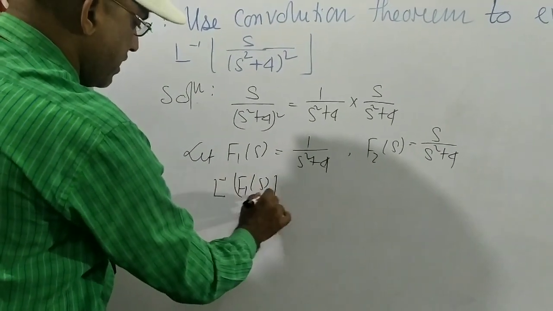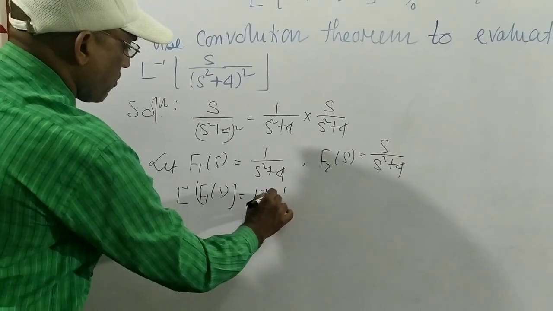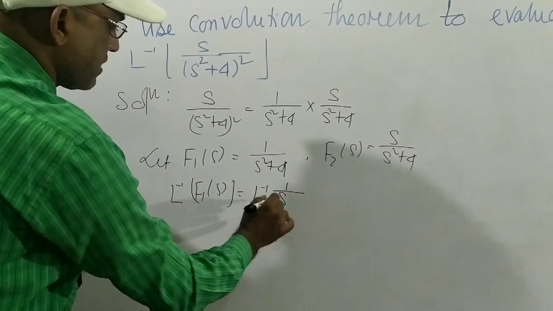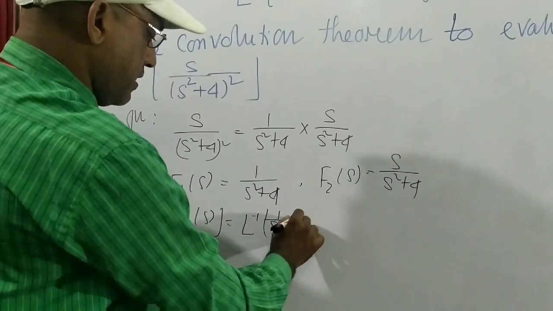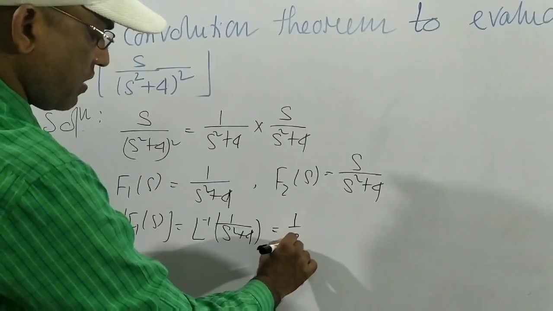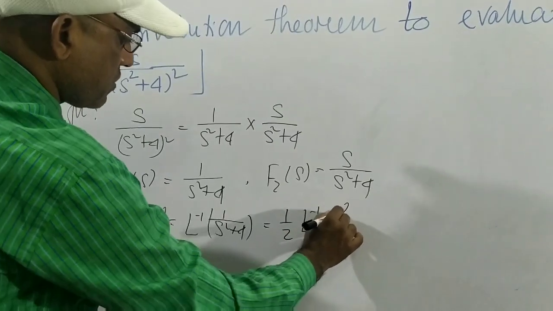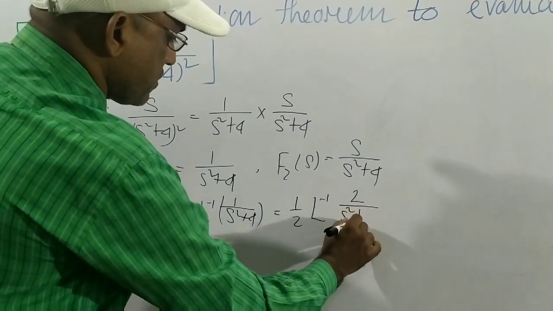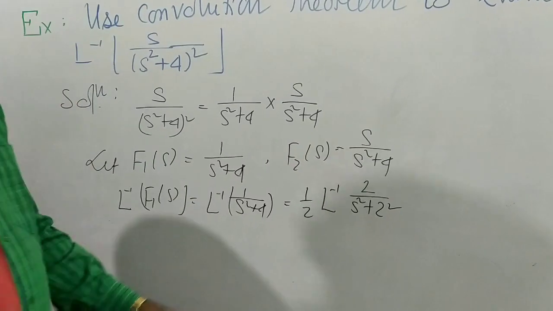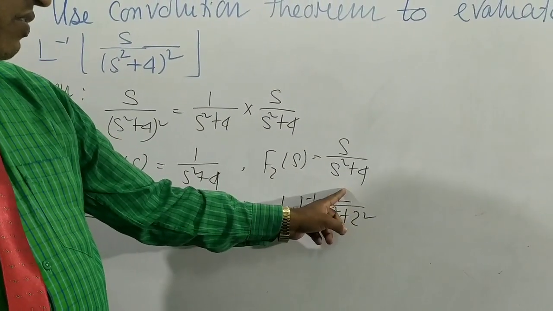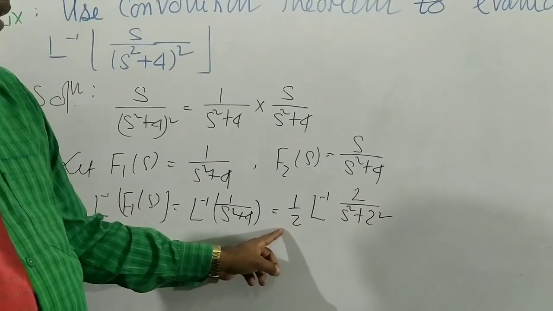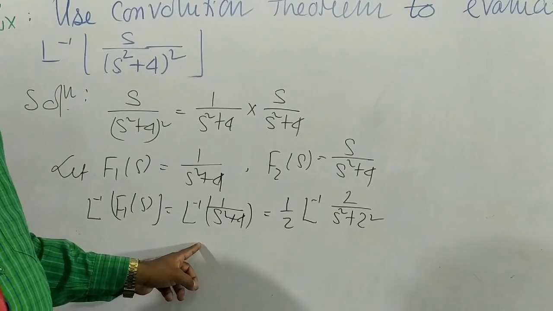If we take the inverse Laplace transform of F1(s), what do we get? This can be written as 1 by 2 L inverse of 2 by s square plus 2 square. Here 4 means 2 square, so we write the numerator as 2, and here also 1 by 2. The 2s cancel.